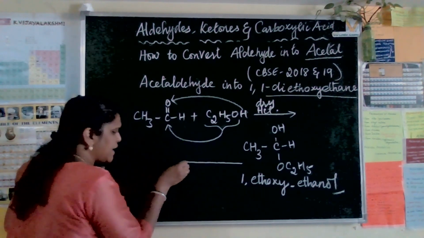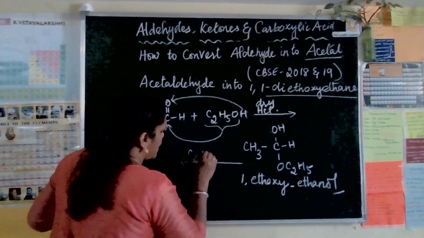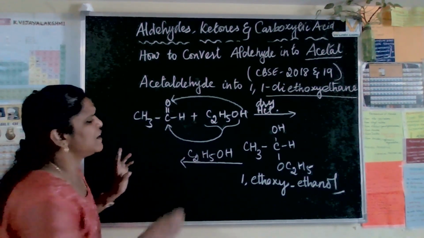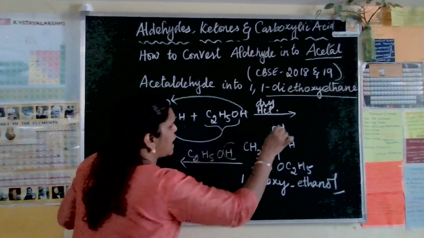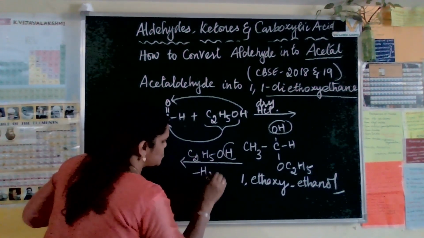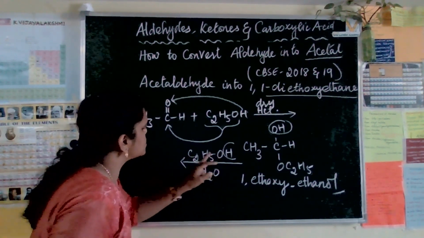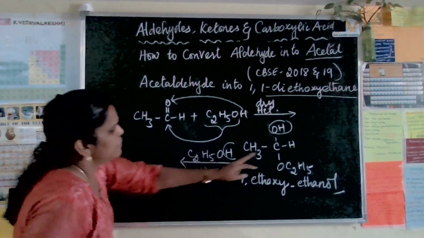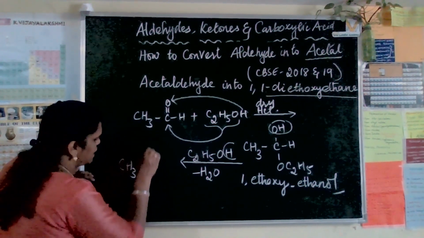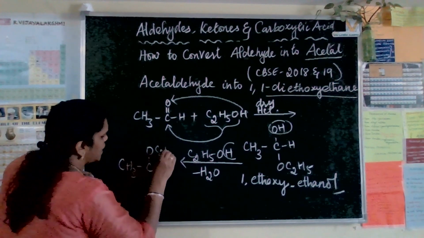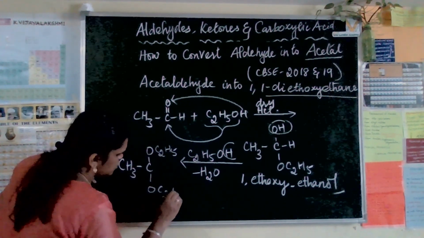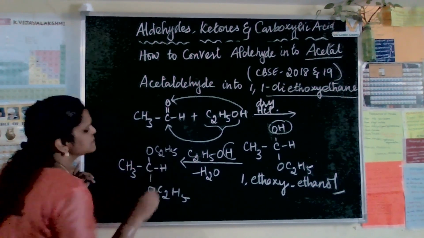Now next, again C2H5OH. So what happened here? Water releases, this one hydrogen and this OH combine together, and you are getting H2O. Now the remaining OC2H5 will go and attach over here. So that means CH3, C, here O C2H5, again down here O C2H5, and here, as it is, hydrogen.